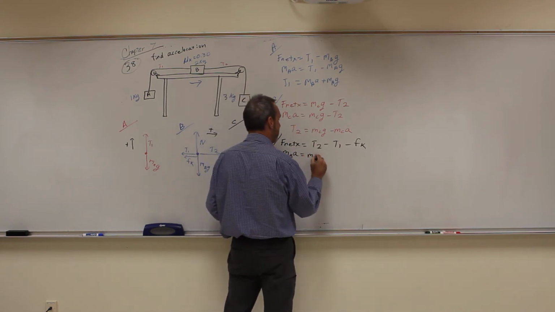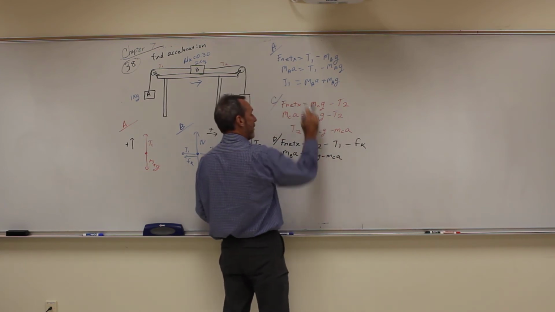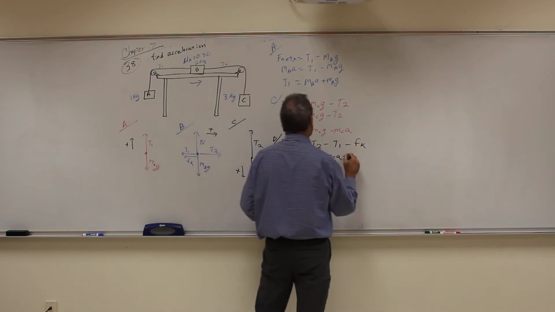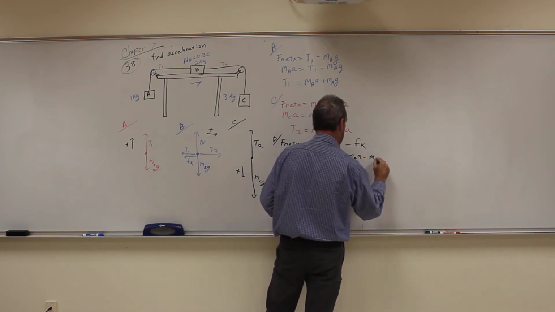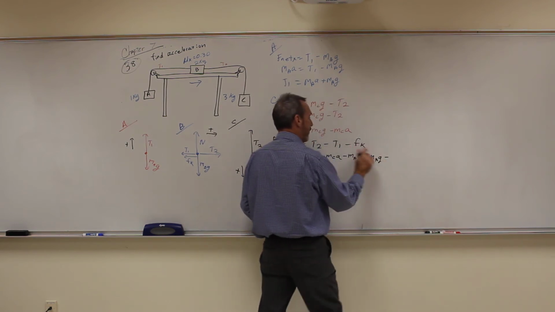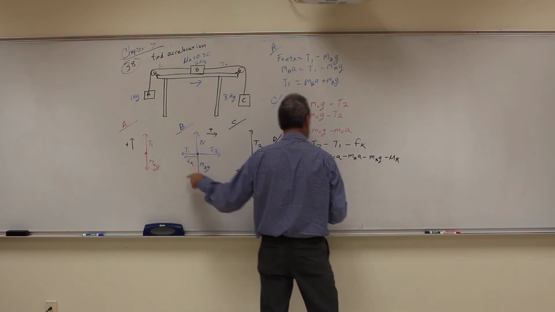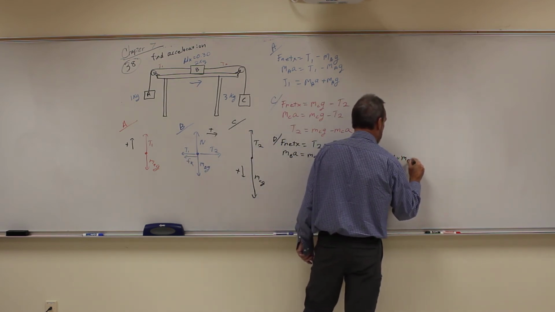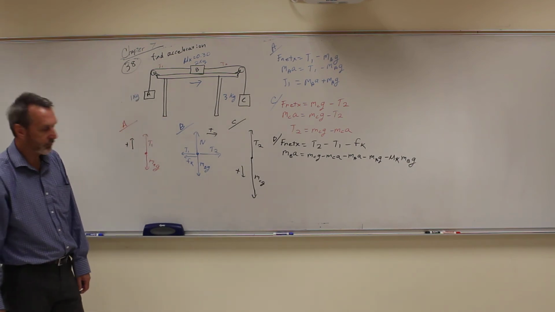So this is going to be MCG minus MCA. Now I'm going to replace T1, but remember I have to distribute this negative, so this becomes minus MA times A minus MA times G. Then the friction force becomes mu sub K times the normal force. Well, in this case, the normal force is just MBG. And so my equation becomes that.